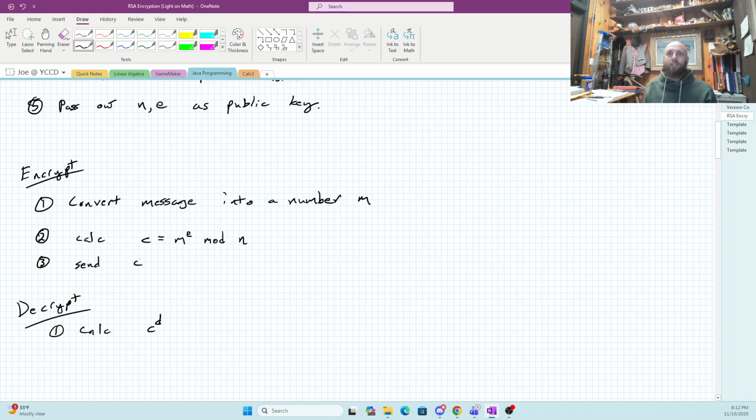So we're going to take the message that we got from them, raise it to the D power, and then mod that by n. And the fact that we've been able to mod that by n is going to actually just result in getting our message back. And then we're going to unconvert.